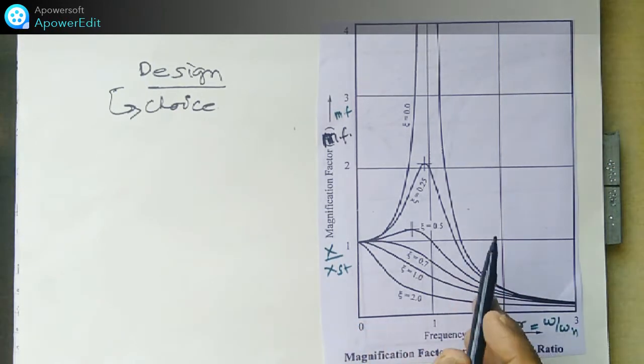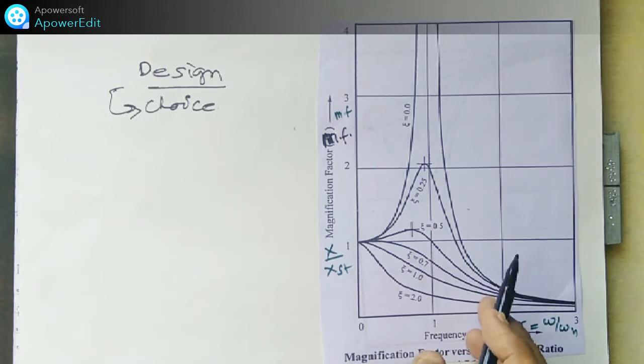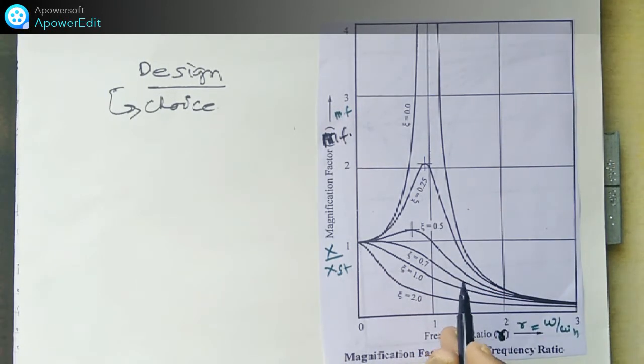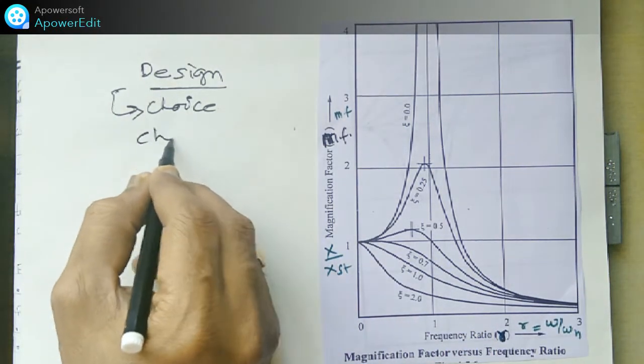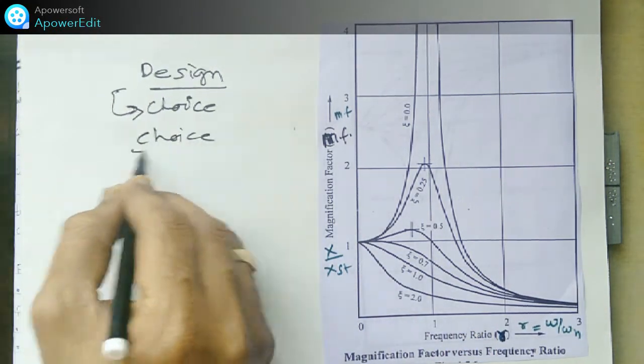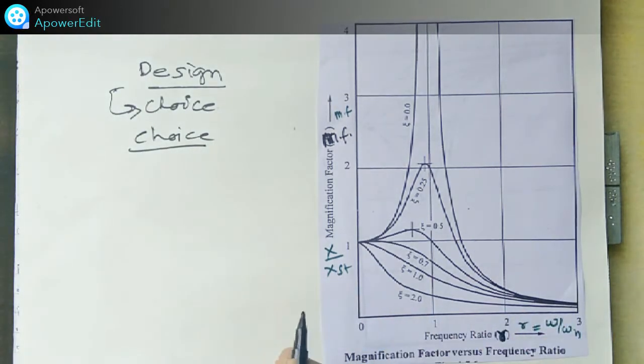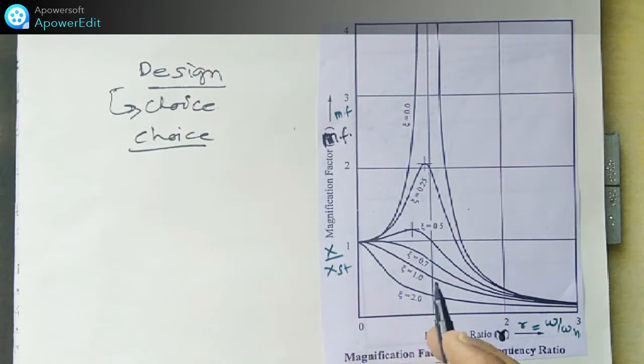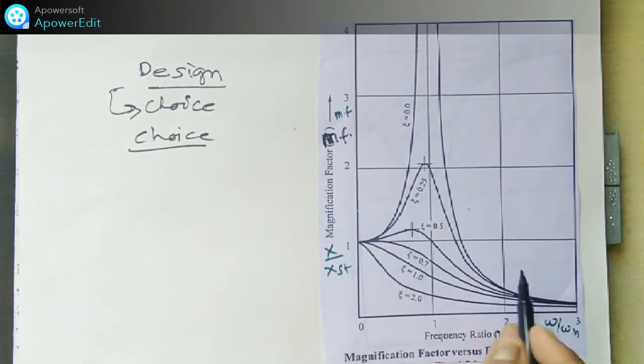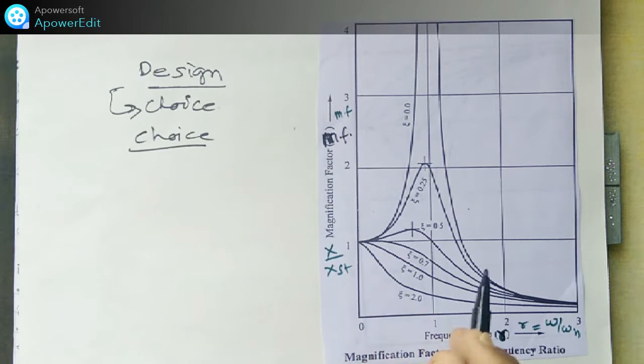We can select the damping value so that our system response stays within our choice.